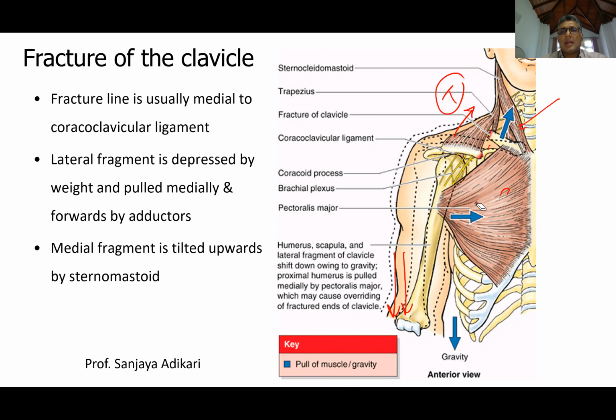So those are the anatomical reasons why you get this dropping of one fragment, angulation of the other, and overlapping of the two bone ends.